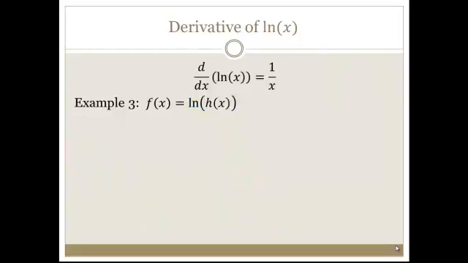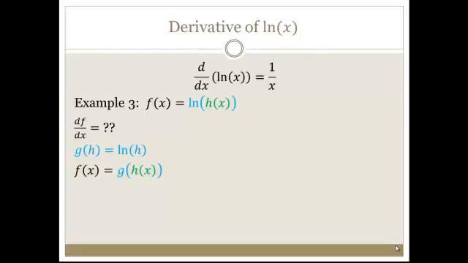Let's revisit our last example, but replacing x plus x squared with the generic function h of x. Now, in computing the derivative of f with respect to x, we must simply leave our inside function as h of x, but our outside function, g of h, is still the natural log of h, as it was in the last example.